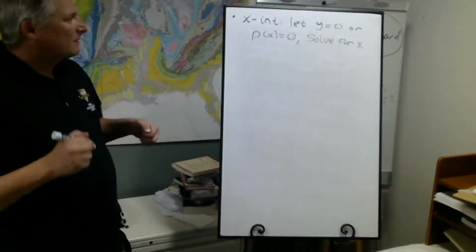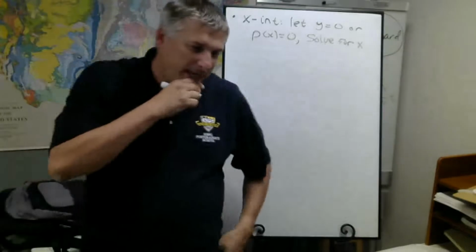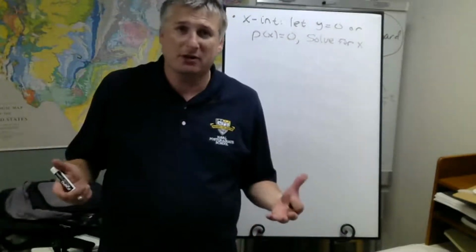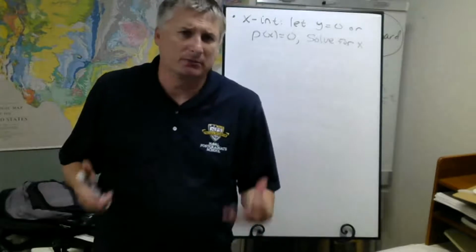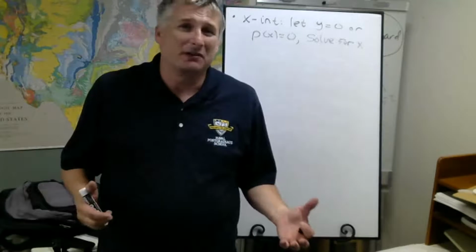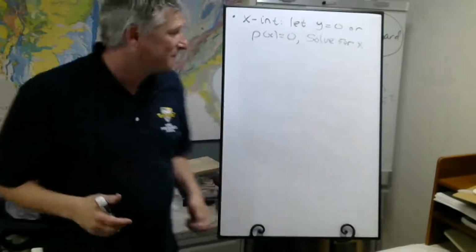Where this can get a little tricky depends on the polynomial you're working with. If you have a quadratic function, use the quadratic formula. That's a great way to do this. Or we're going to do a lot of factoring. So factoring can be really big in this.